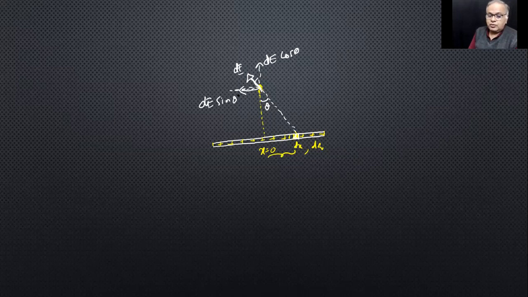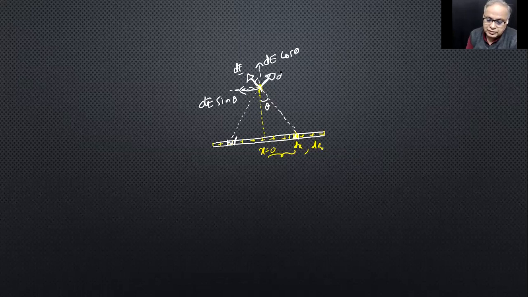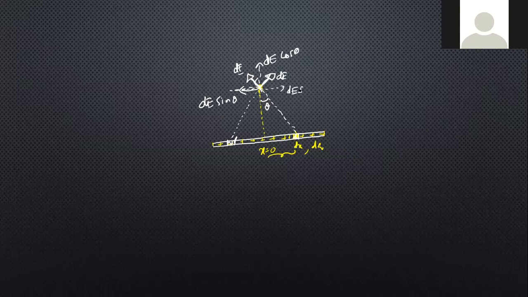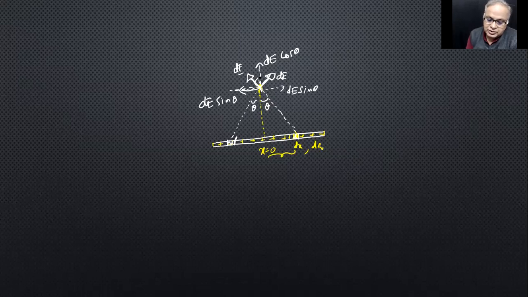Or, to make the calculations much simpler, you can consider one symmetrically opposite element which will have dE like that. This component gets cancelled. This is dE sin theta again, because if this is theta, this will be theta, right? dE cos theta once again.